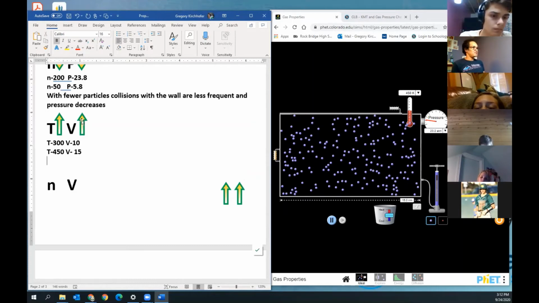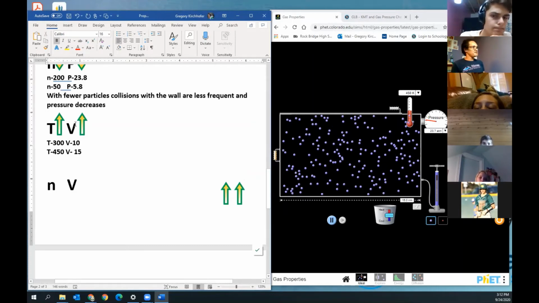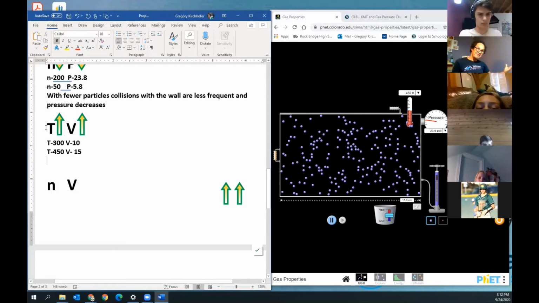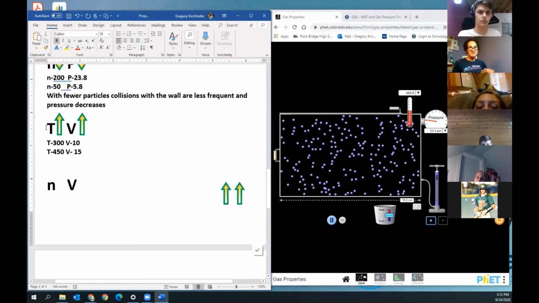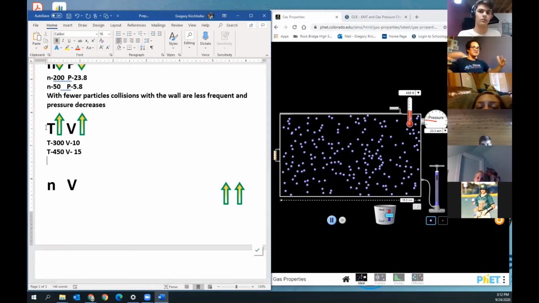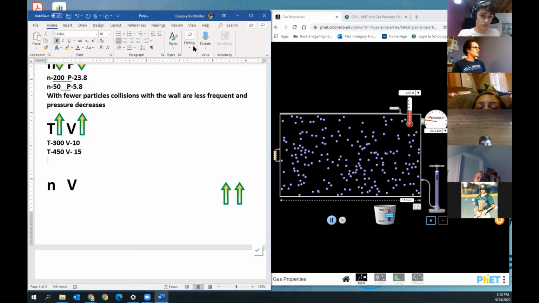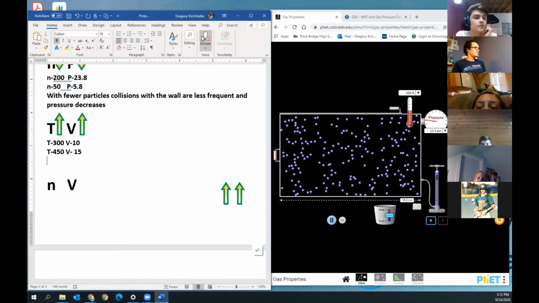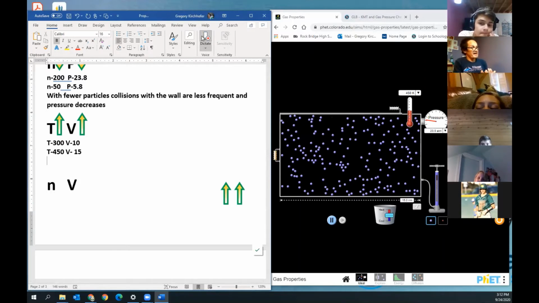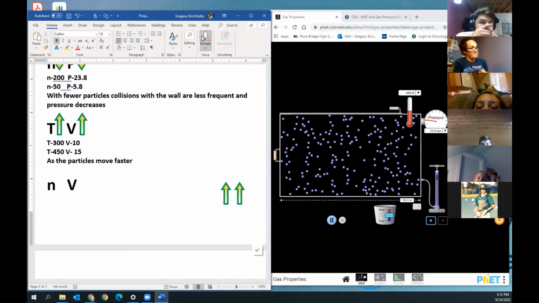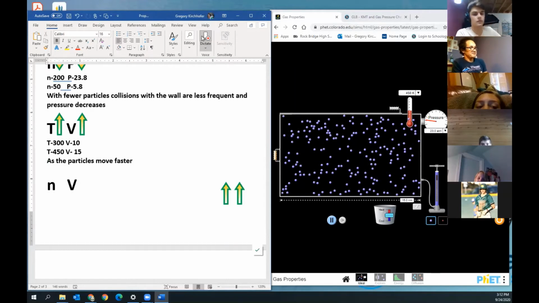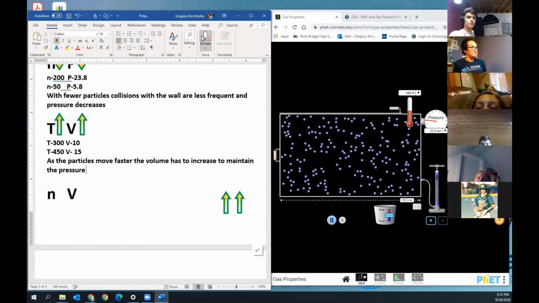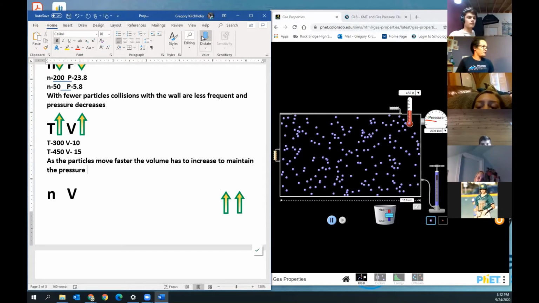So, you said the volume is going to get bigger, right? If we increase the temperature, the particles have to move faster. If the particles have to move faster, to keep the same number of hits, we need a bigger space, right? As the particles move faster, the volume has to increase to maintain the pressure. That works.